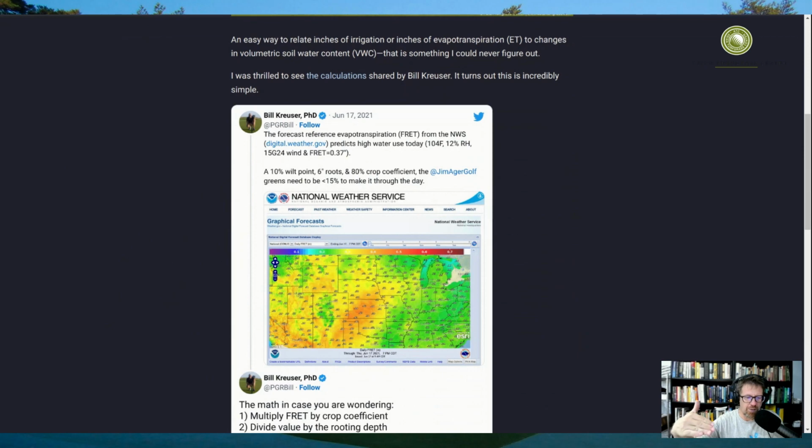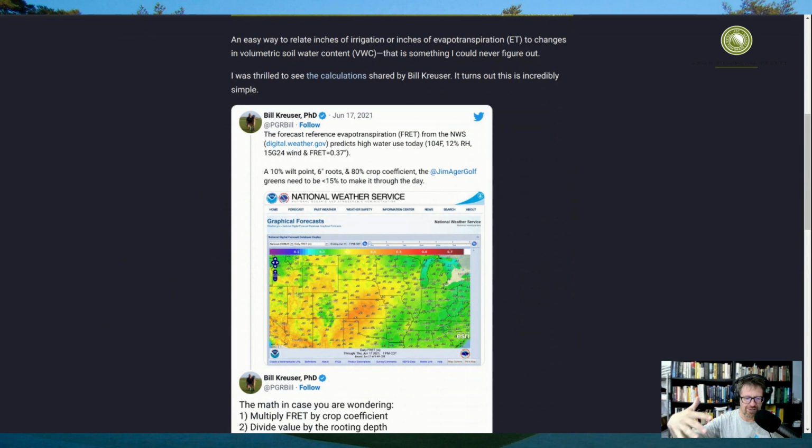What he means by that is the greens needed to be at about 15% at the start of the day, and then they will drop down to the wilting point, or stay just above the wilting point, if they have that much evapotranspiration.